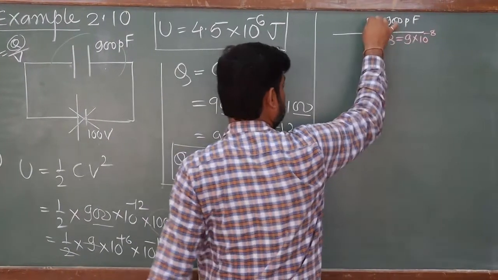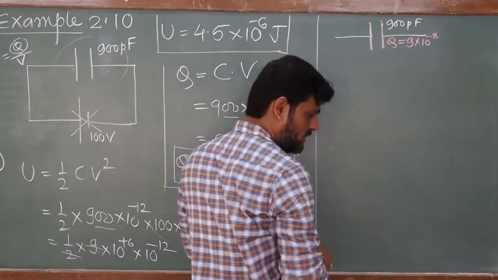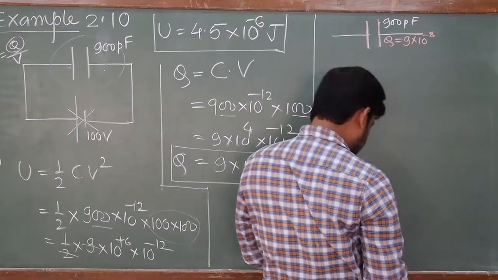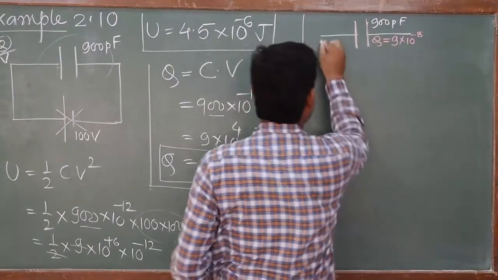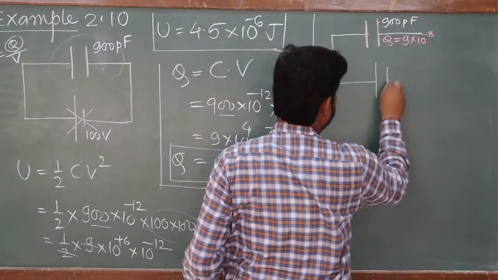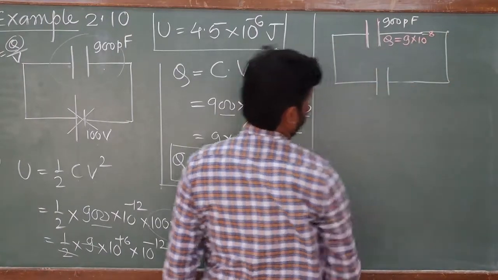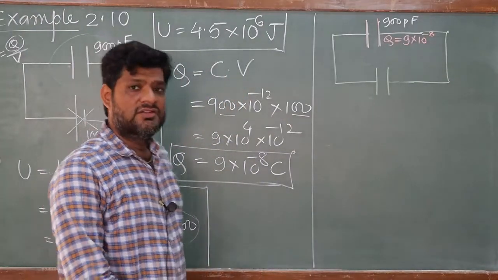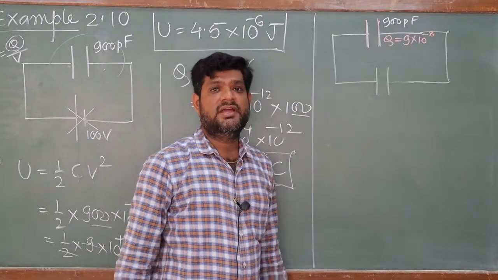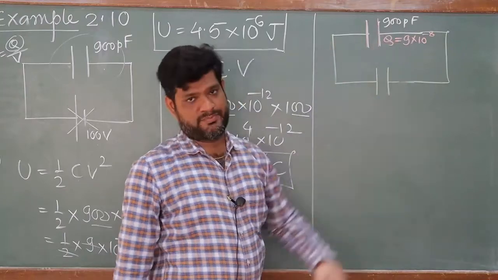What we have to do? Another capacitor, an uncharged capacitor, the value of Q is 0, we have to apply over here. Right? The question is to find the energy of the system.